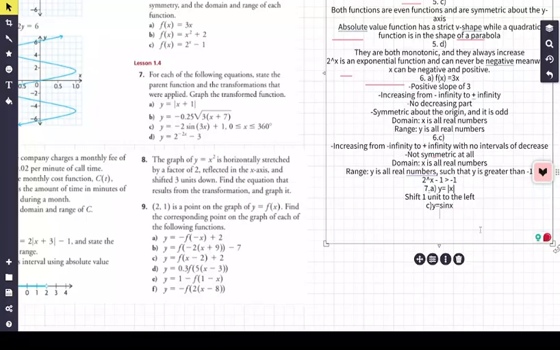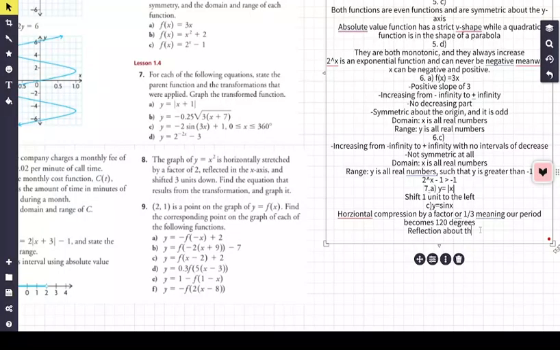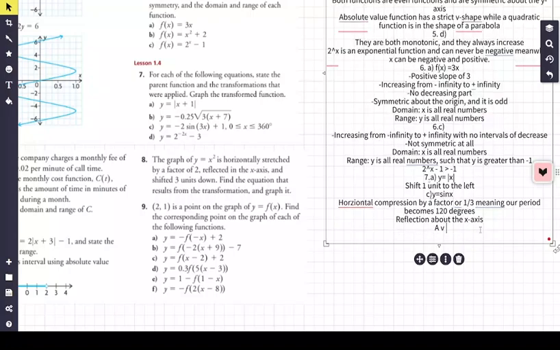So we want to talk about the hardest one. Let's talk about 3x. A horizontal compression. That means we changed our period. Horizontal compression by a factor of 1 over 3, meaning our period becomes 120 degrees. And because we have this negative 2, we will have a reflection about the x-axis, along with a vertical stretch by a factor of 2.